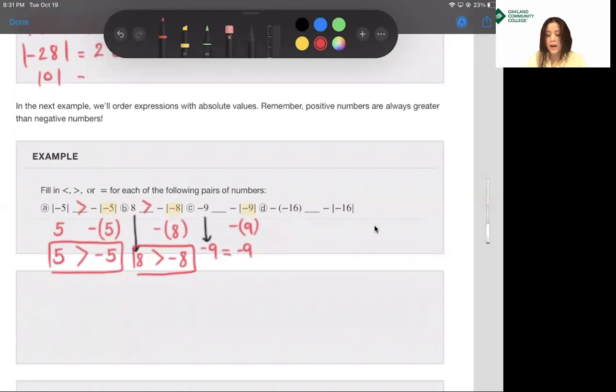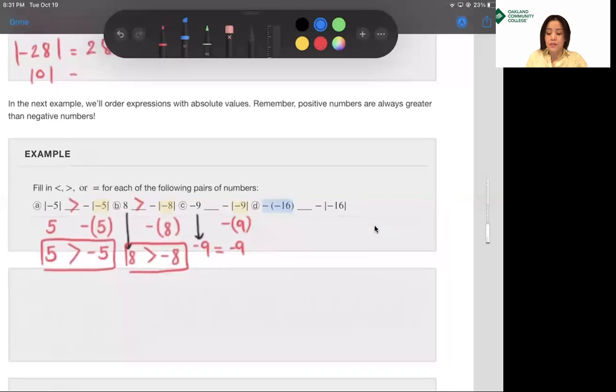And then the last one, I have the opposite of -16. Do you remember the last video? If you haven't watched it yet, please go back and watch how I illustrate opposite numbers. So this is read as the opposite of -16.